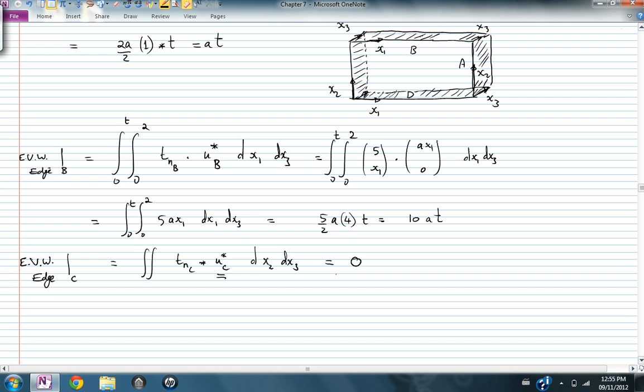And finally, the external virtual work on edge D is equal to the integral of T n D dot, sorry, this is the dot product between two vectors, T n D dot u star D, dx1 dx3, and so dx1 again is from 0 to 2, dx3 is from 0 to t.